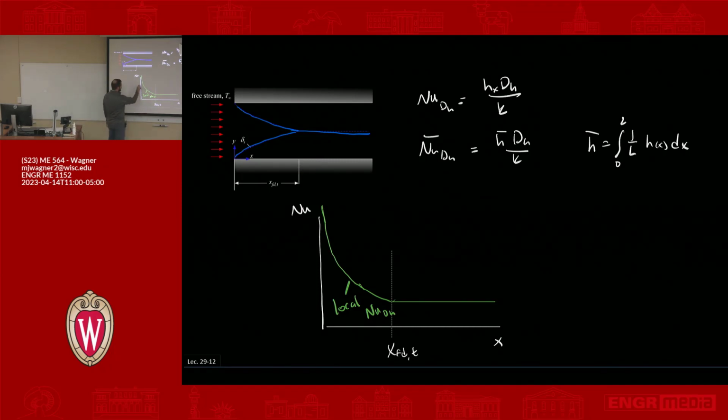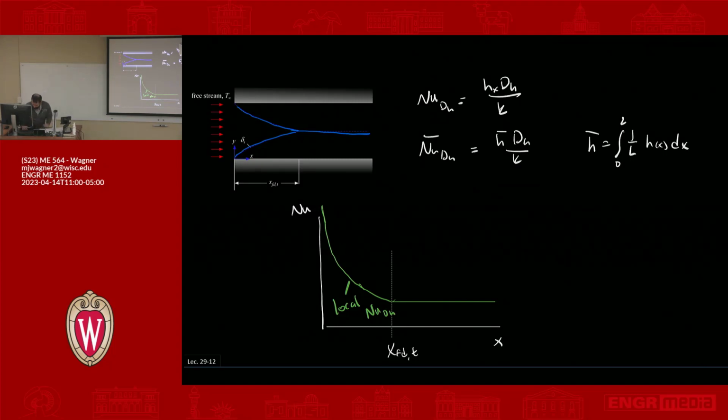You have to include that in the integral, and then you're including stuff that's less than that. So the question is, is the average Nusselt number going to be greater or less than the local Nusselt number? Greater, right? Because you're including in the integral always something that's bigger than your current endpoint.